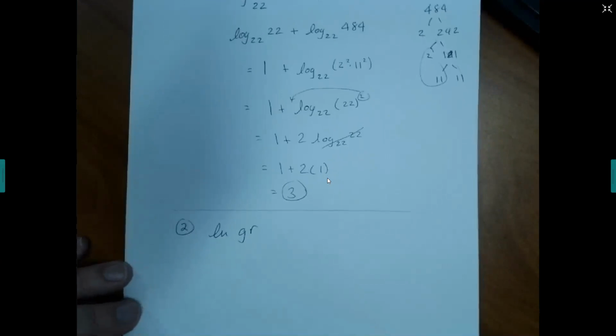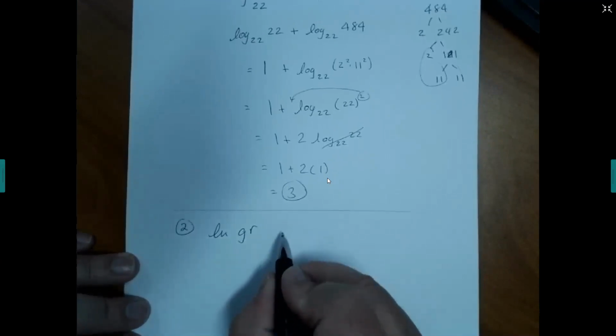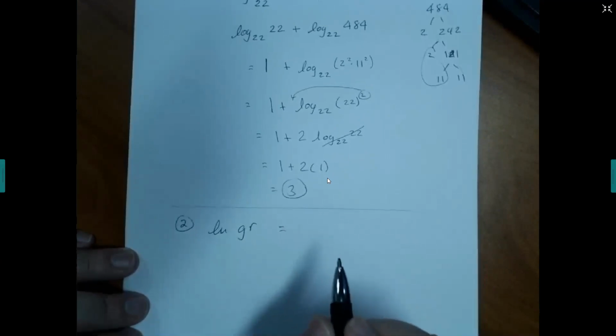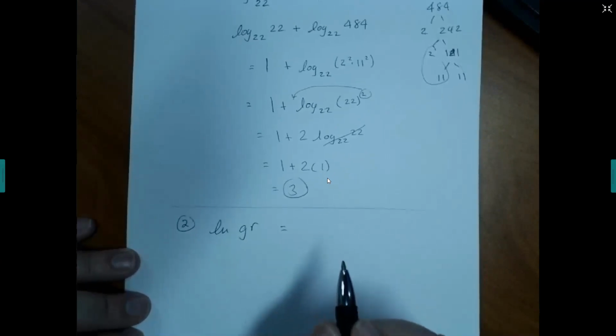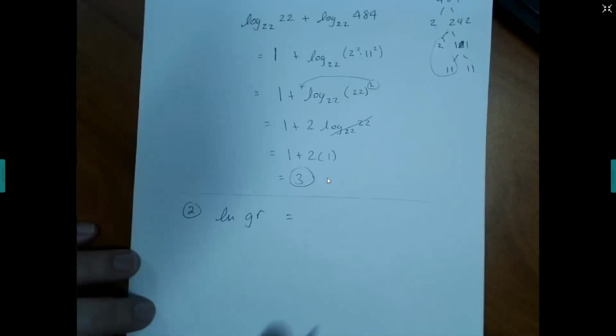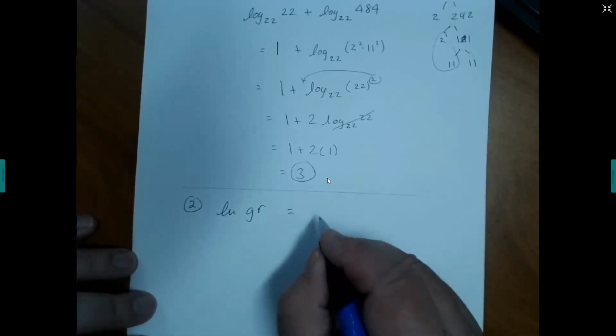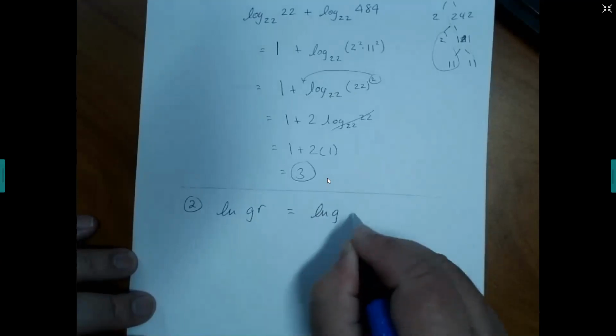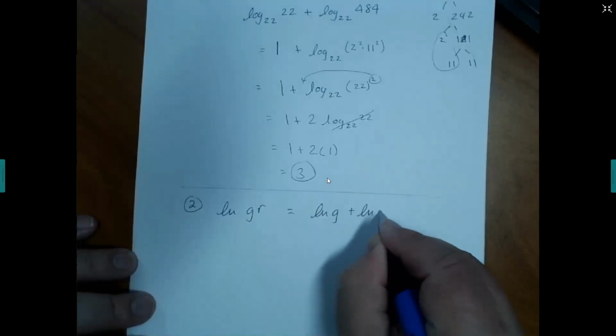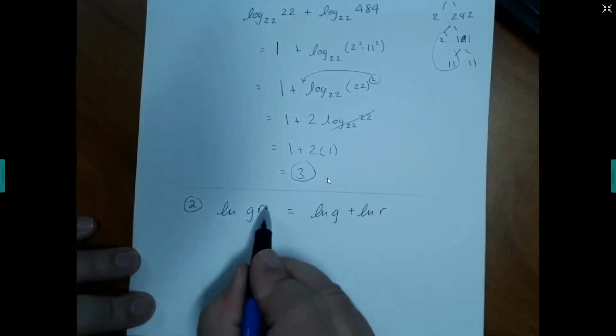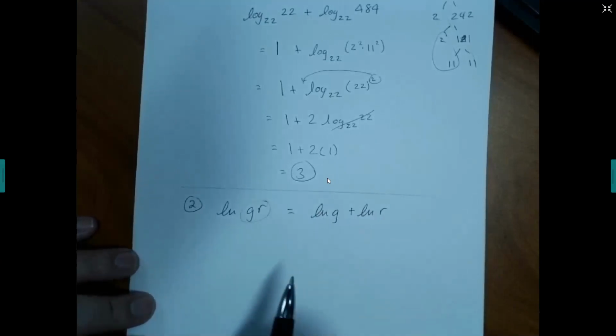Let's look at the second one. ln of g times r. Expand that for me, as far as you can go. Since it's multiplied, it's ln g plus ln r.